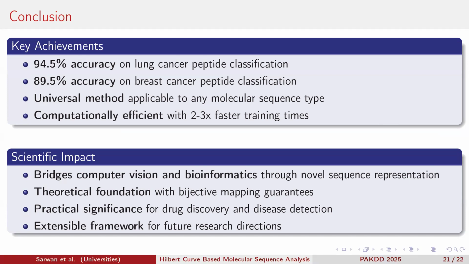The scientific impact is significant. We are bridging computational vision and bioinformatics through novel sequence representation with strong theoretical foundation, practical significance for drug discovery and disease detection. We have created an extensible framework that opens up numerous future research directions.